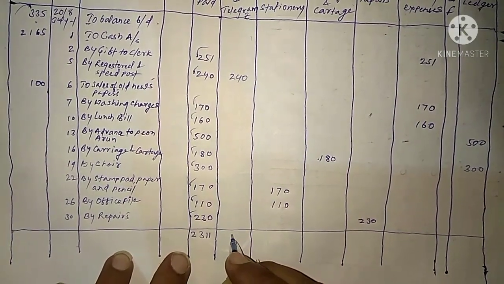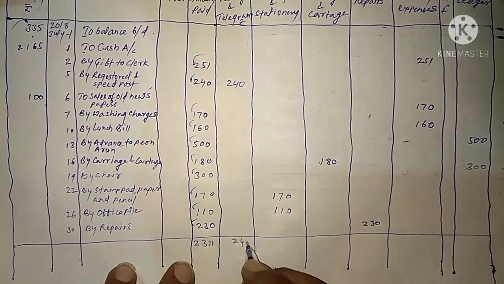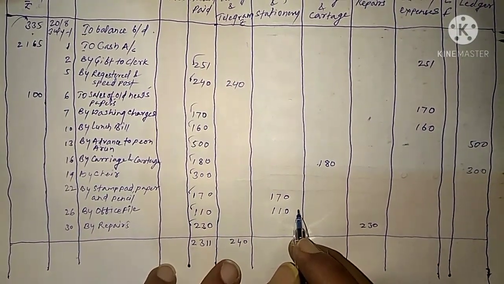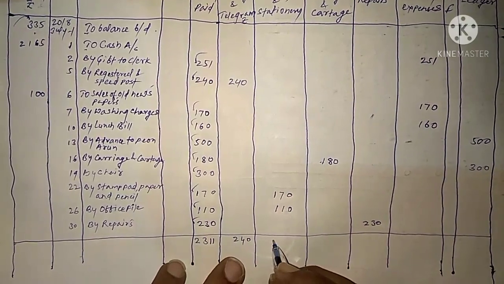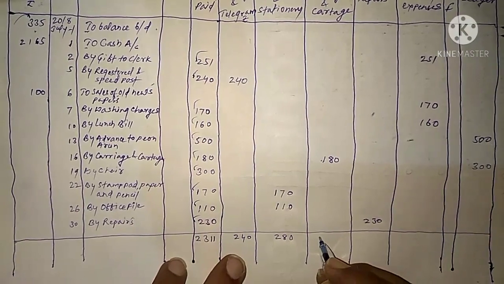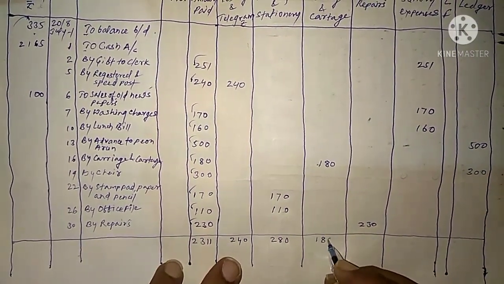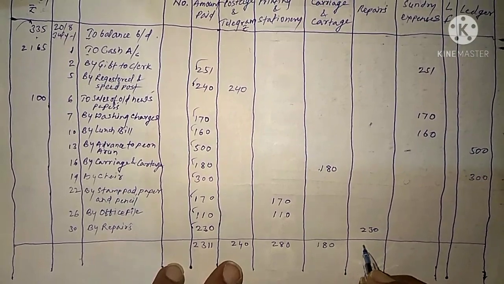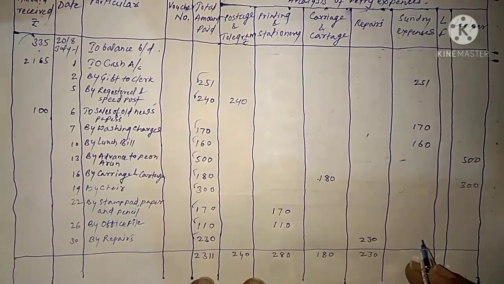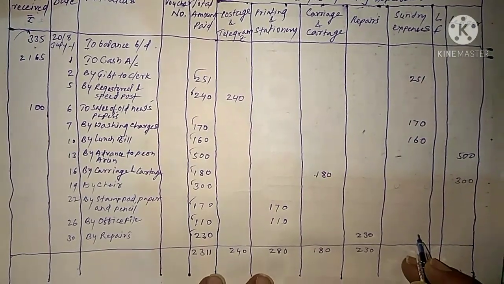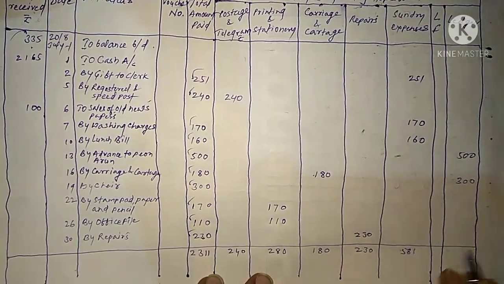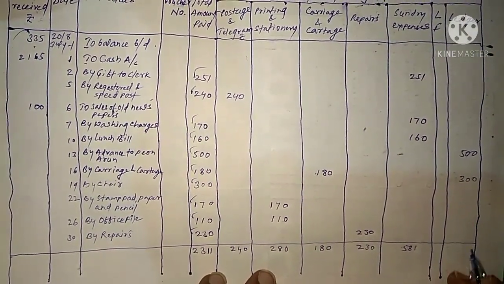Postage column total will be 240, and total of printing and stationery will be 280. Carriage and cartage total will be 180, repairs total will be 230, and total of sundry expenses will be 581, and the total of leisure will be 800.